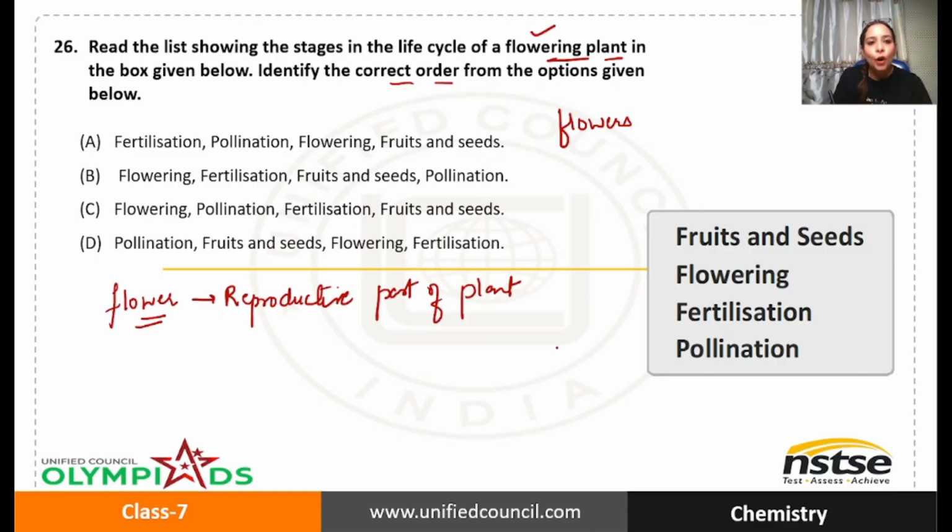Followed after it, what occurs? Basically, pollination occurs. Now what is pollination? If I draw the structure of a flower, something like this, you will see that it carries certain structures.